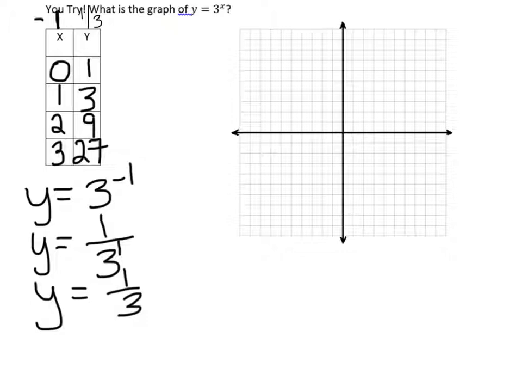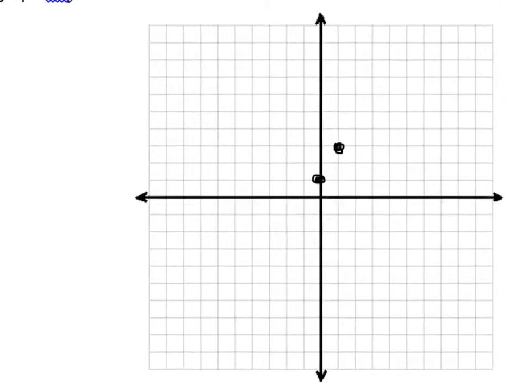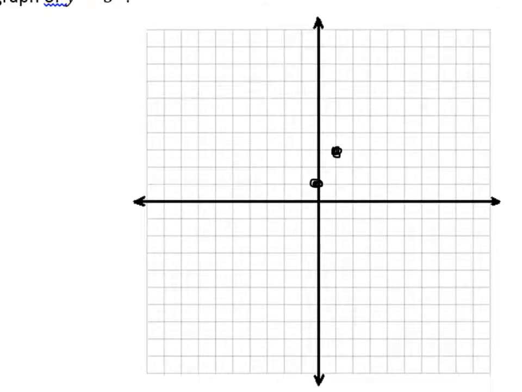So we have 0, 1. 1, 3. 2, 9. So we can see how we would connect this part here. Now, here is one reason the negatives can help you, because if we graph that negative, we're at -1 and 0.3, which is right about there.